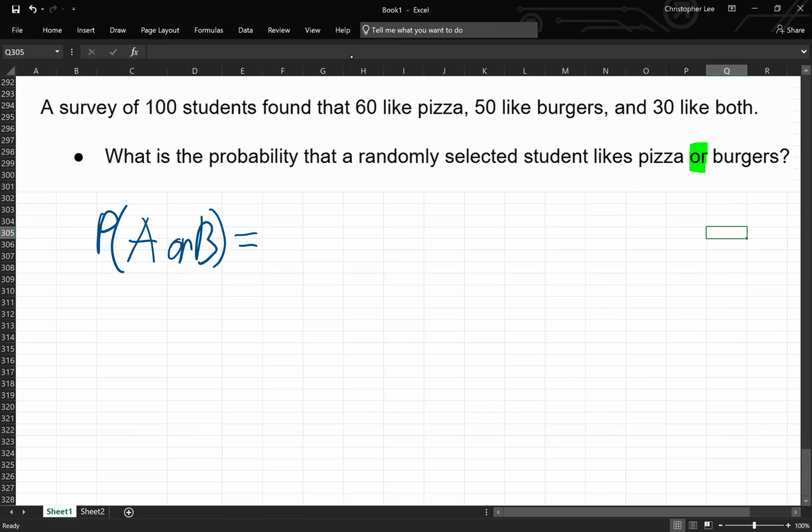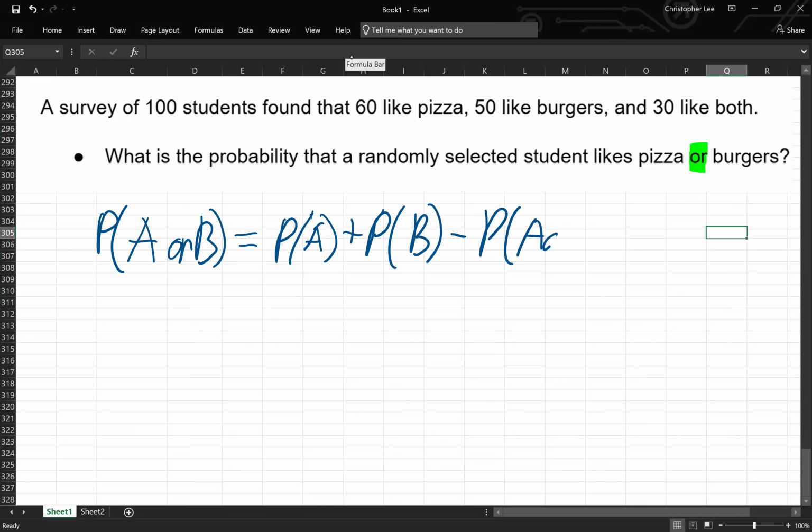So write down the formula. Probability of A or B is going to be the probability of A plus the probability of B, minus the probability of both A and B. And I just plug in the story. This is the probability of pizza, 60, or burgers.